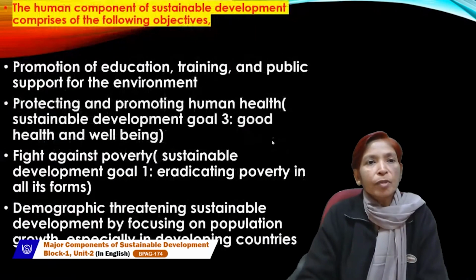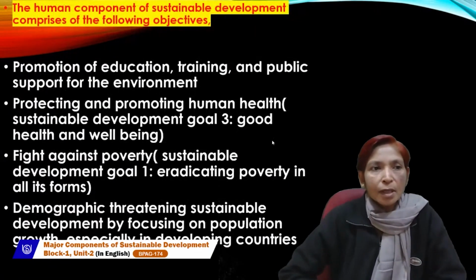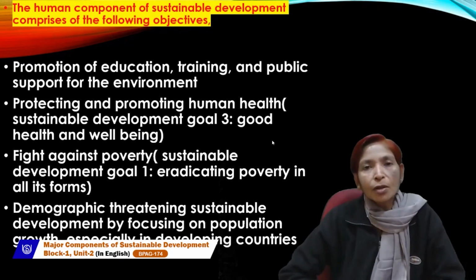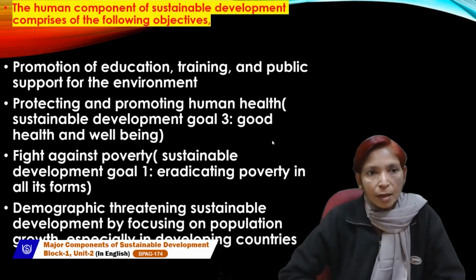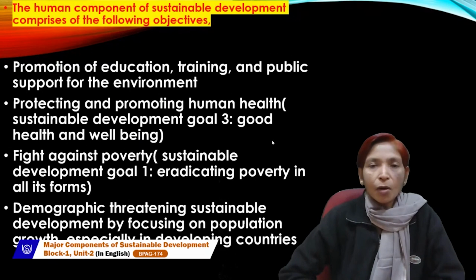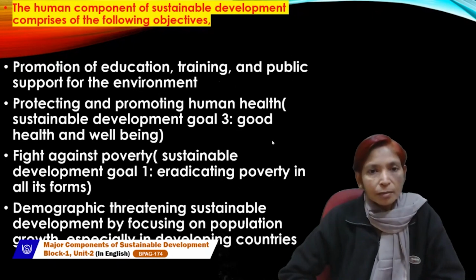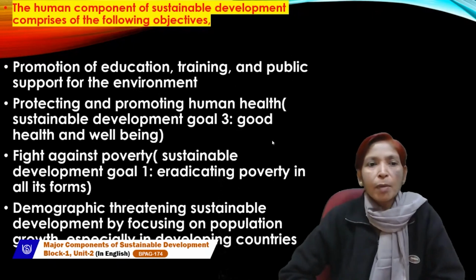Next, the human component of sustainable development comprises the following objectives. First, promotion of how we can achieve human capital formation or human development: promotion of education, training, and public support for the environment.